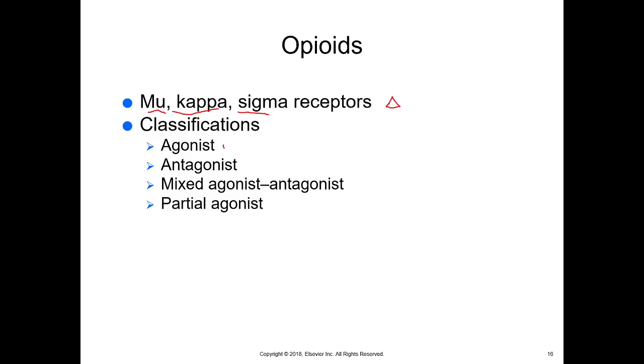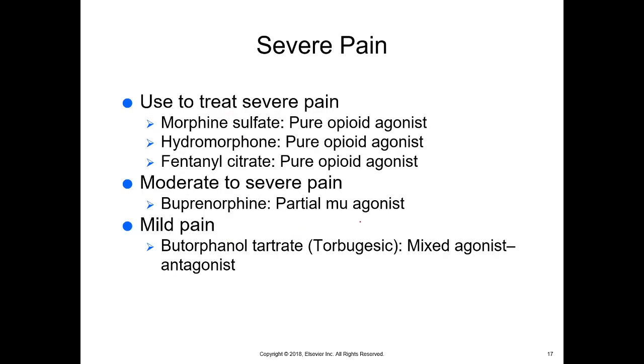We classify them as agonists, antagonists, mixed agonist antagonist, and partial agonist. And this partial agonist is an agonist antagonist as well. Okay, so what does that mean? Well, an agonist is something that is used to directly affect the cell, much like a natural endorphin would do.